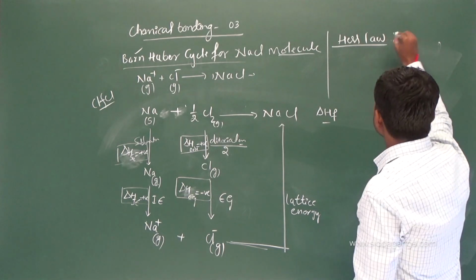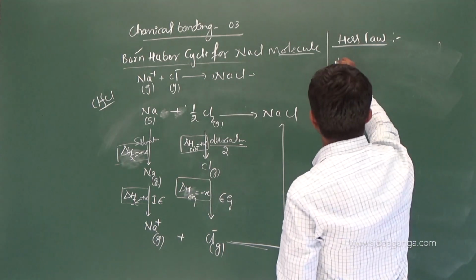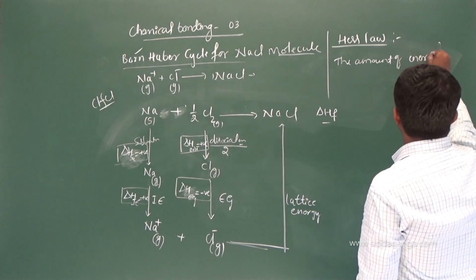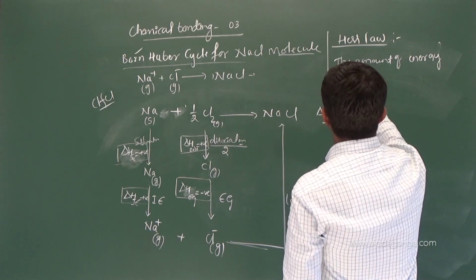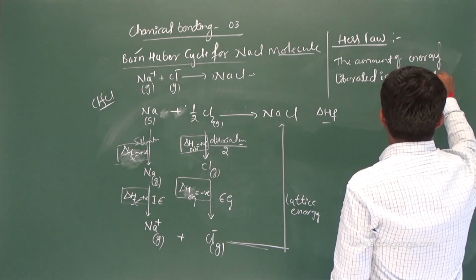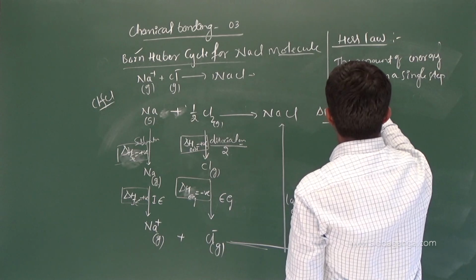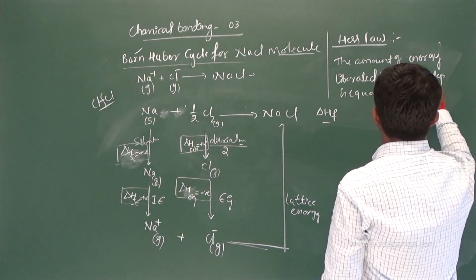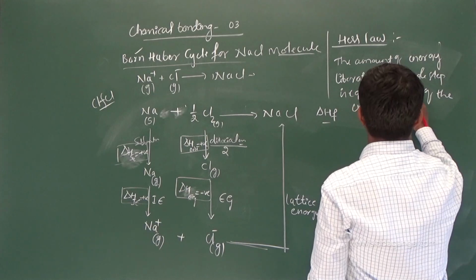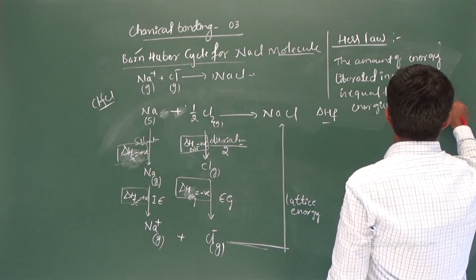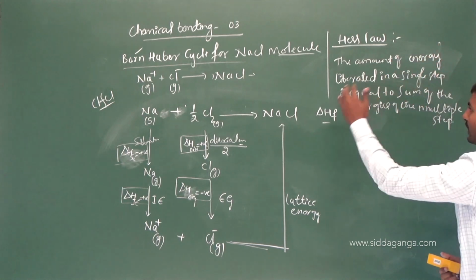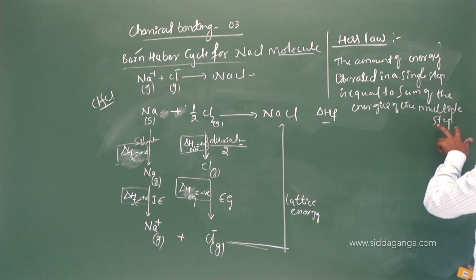Then what does it say? Hess law: according to this law, the amount of energy released in a single step is equal to the sum of the energies of multiple steps.